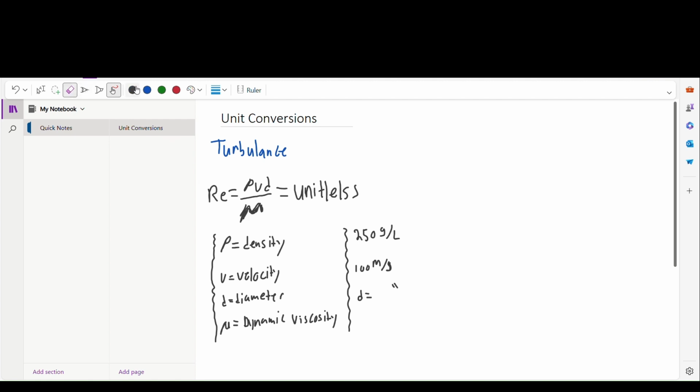Let's give it a 12-inch pipe. And your dynamic viscosity is going to equal, I don't know, come up with the number here. We'll do 2,500, and I have it in my notes here, but I want to make sure I do this. I gave you guys some crazy units here, and I did it on purpose. And I want to make sure I give these crazy units as well.